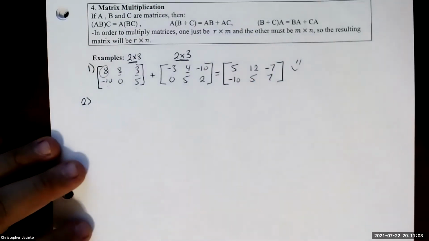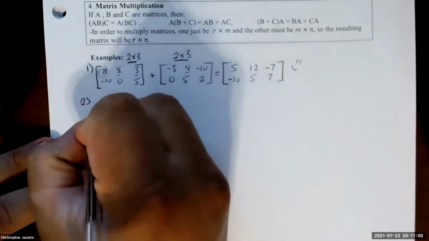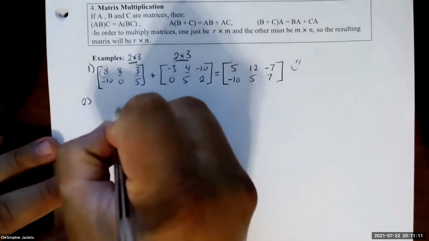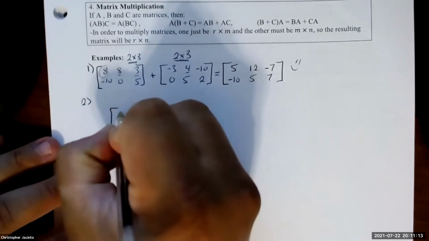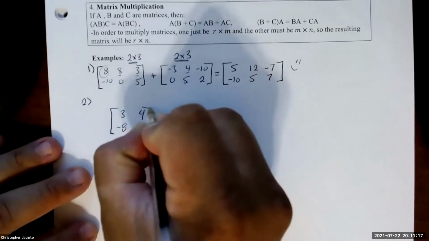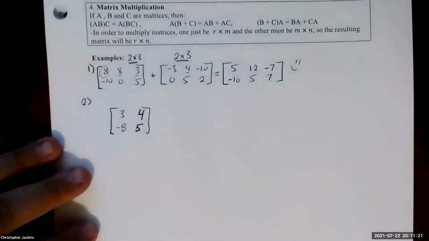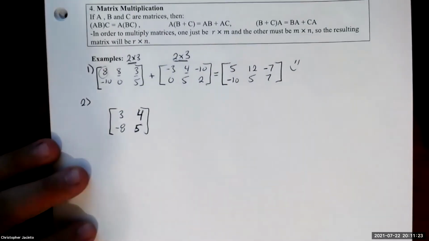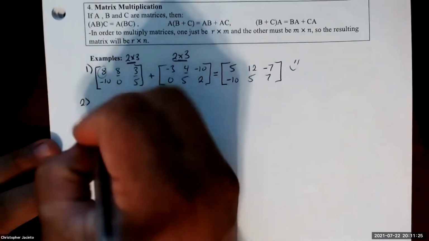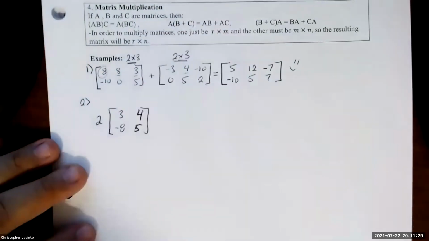All right, so the second property is scalar multiplication, and this is very simple. All this is pretty much saying is if I have a number out here, so let's suppose I have this matrix here, and I have a number out here, and I'm multiplying it by, let's say, 2.